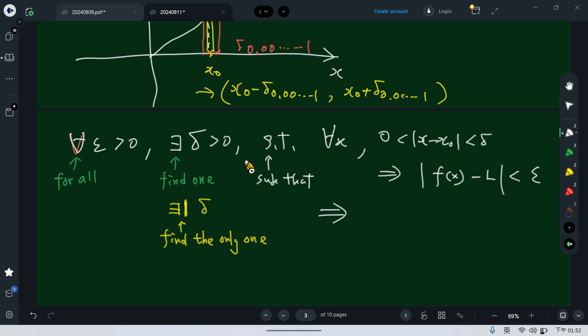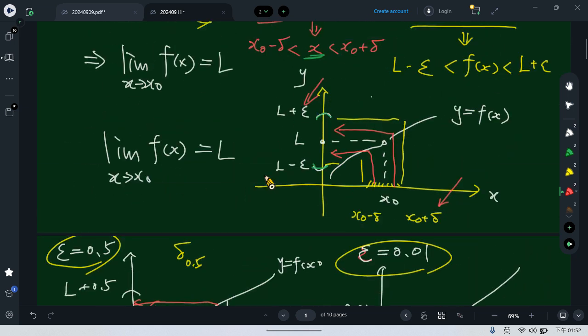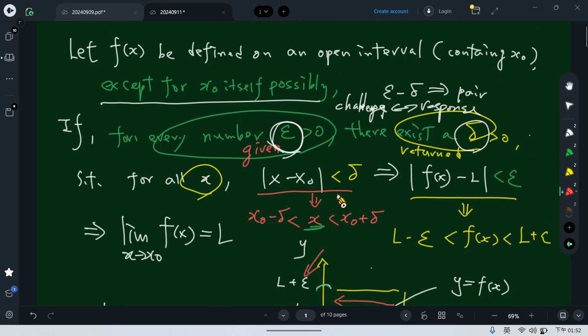Then we will say the limit as x approaches x0 of f(x) is L. So you can see the description here is actually the same as this one.